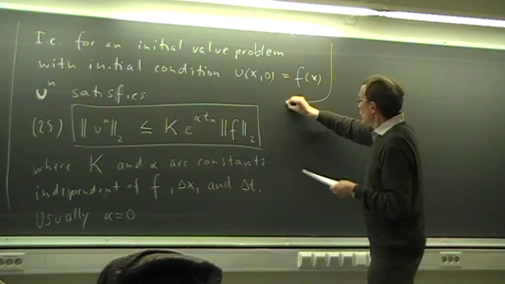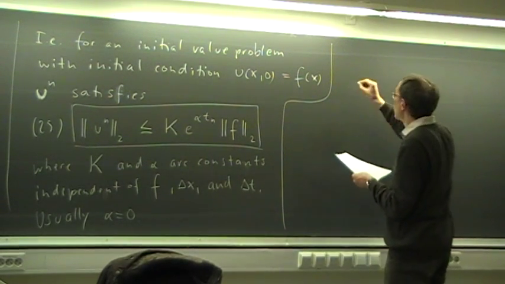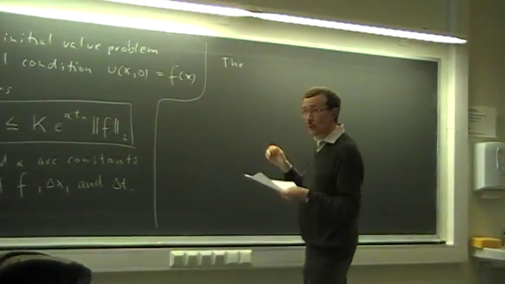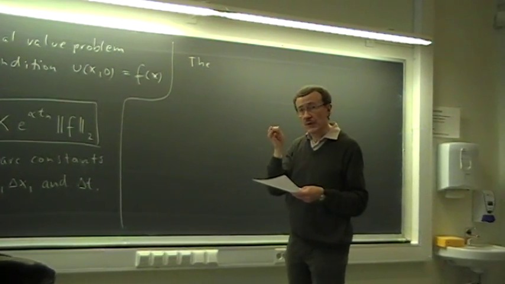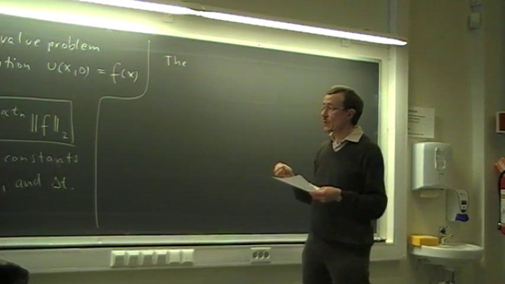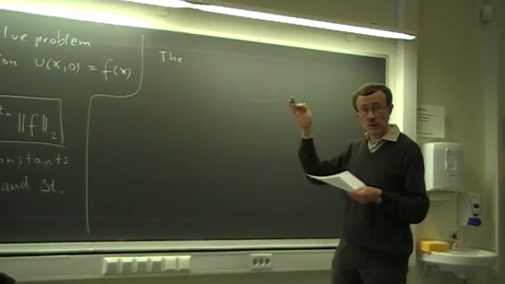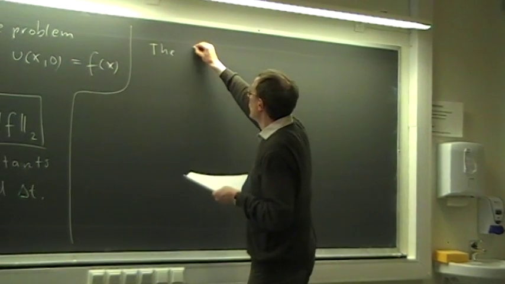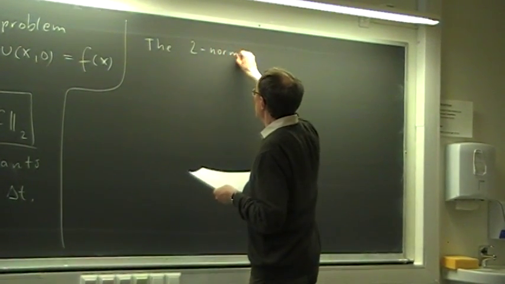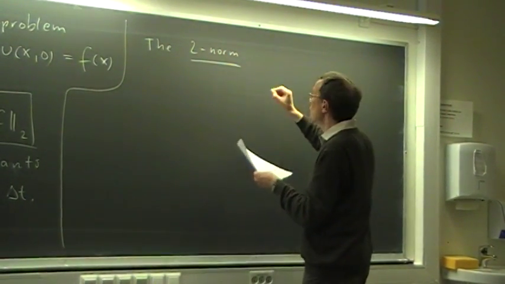And the 2 norm, that is the following. That is something useful when you do the check of the accuracy, to compare the numerical solution of a PDE with the exact solution. Then it is useful to use this 2 norm. You can use also others, but that is quite a useful one.